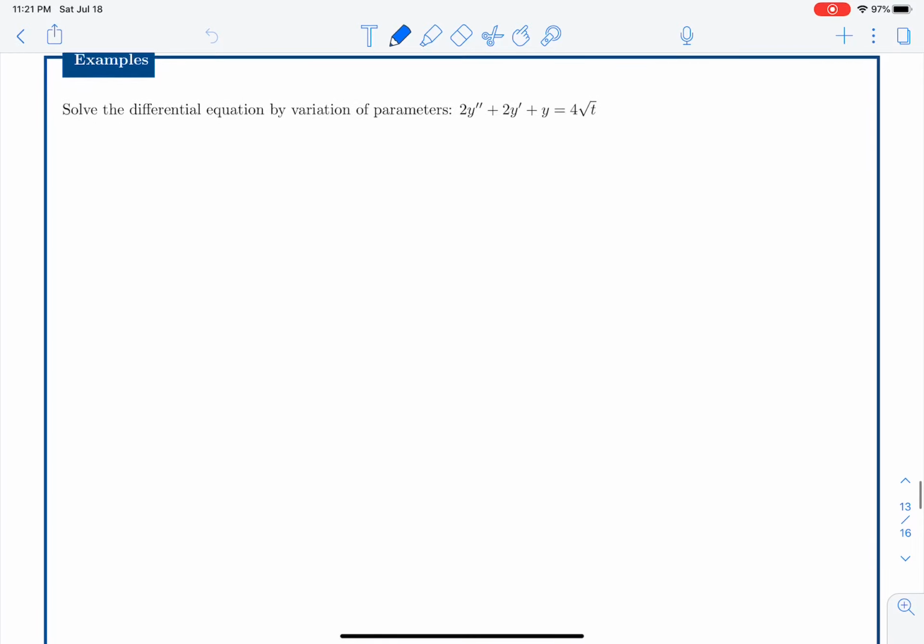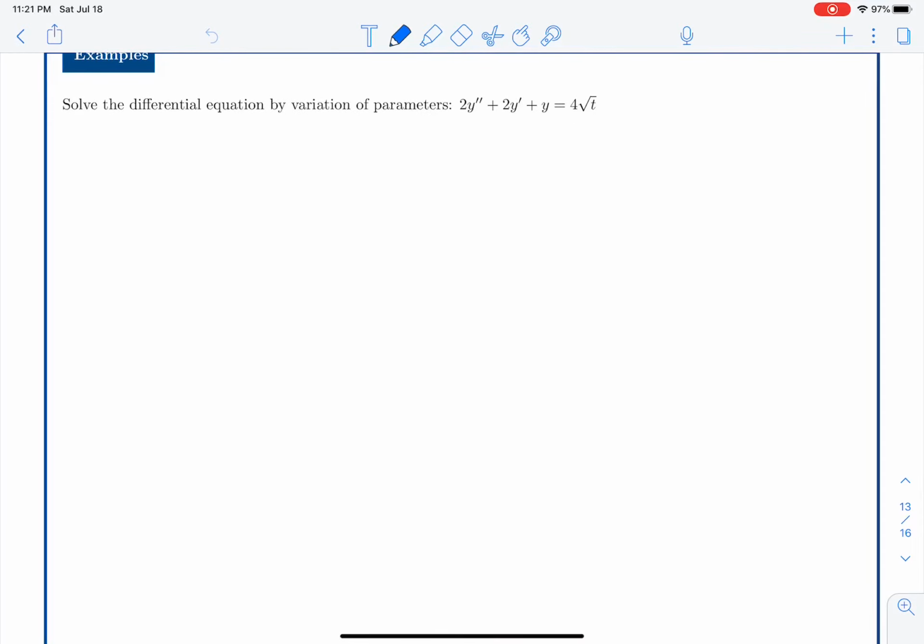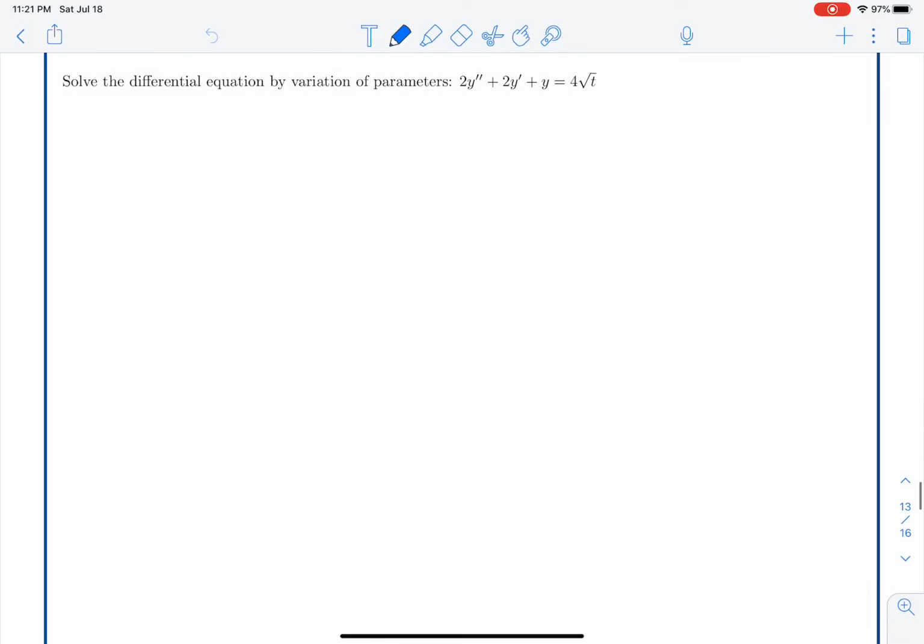Here is another second order non-homogeneous DE, and in this case the independent variable is t, not x. The associated homogeneous equation is 2y double prime plus 2y prime plus y equals 0.